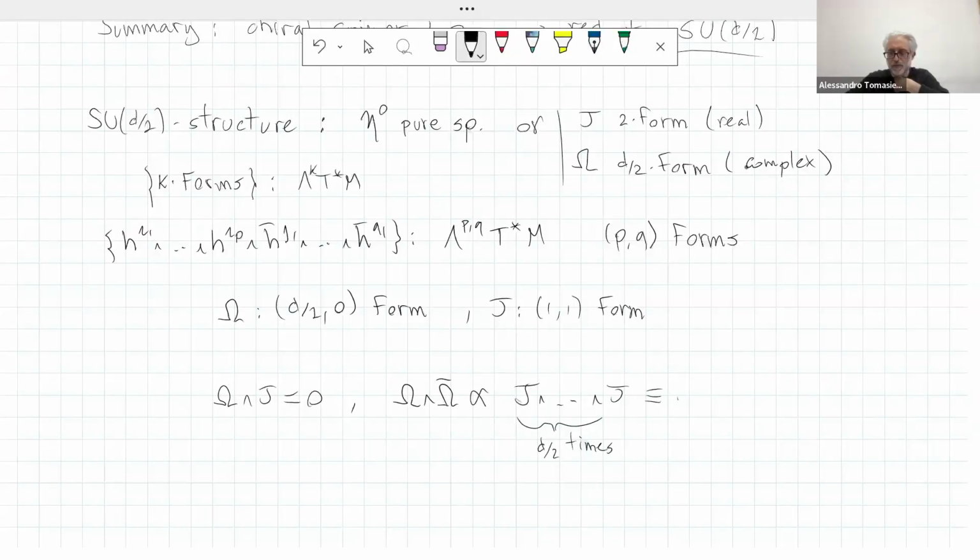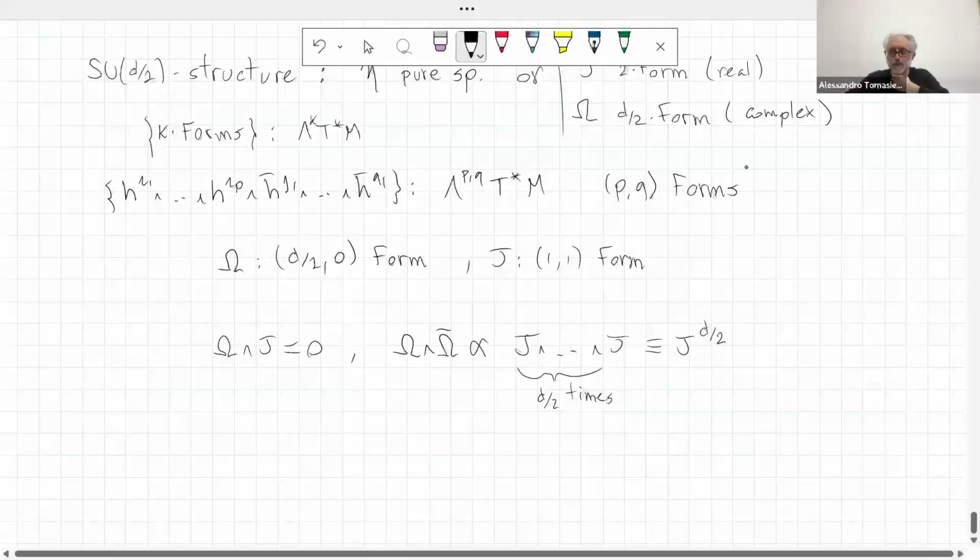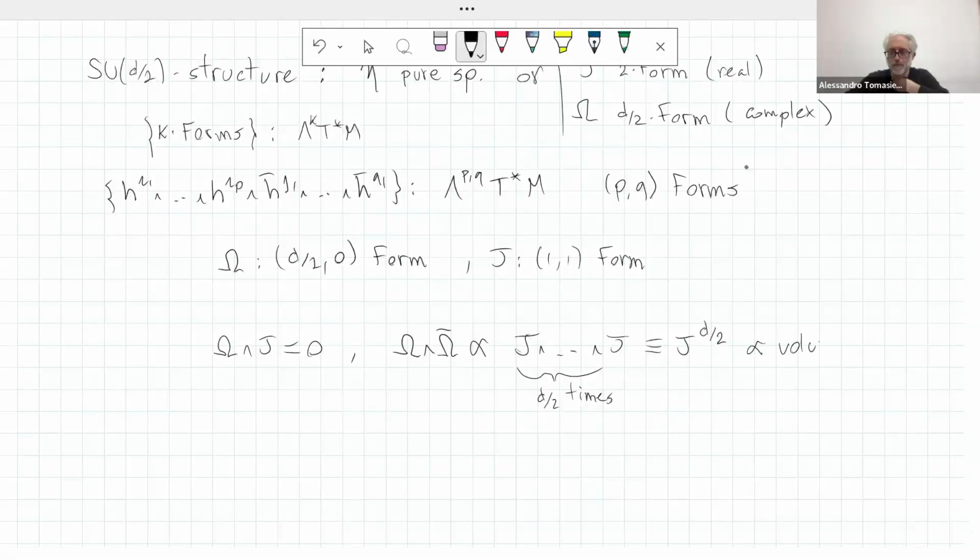And let me define this to be J to the power d over 2. Both of these are proportional to the volume form. That we saw last time.